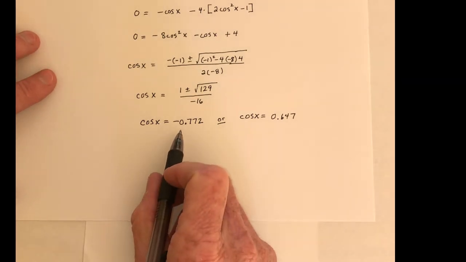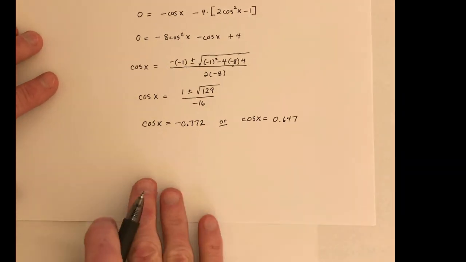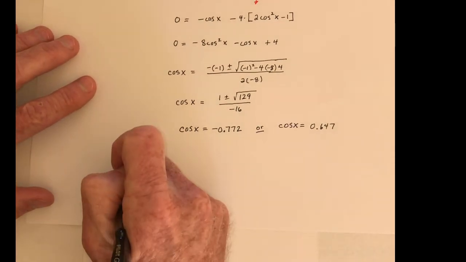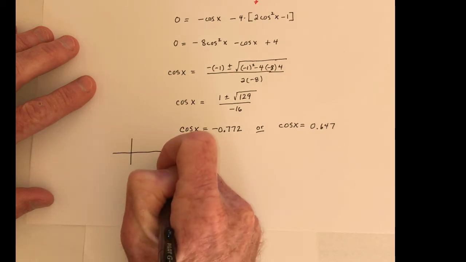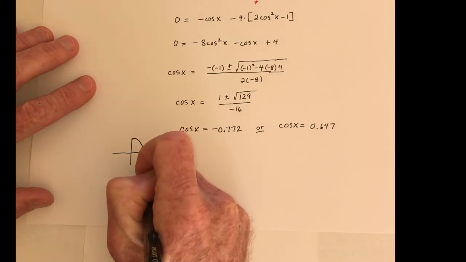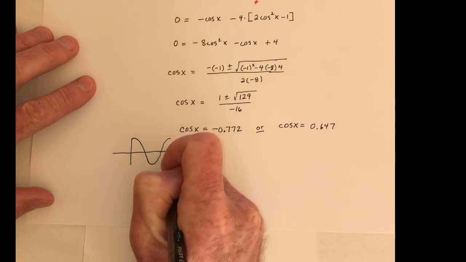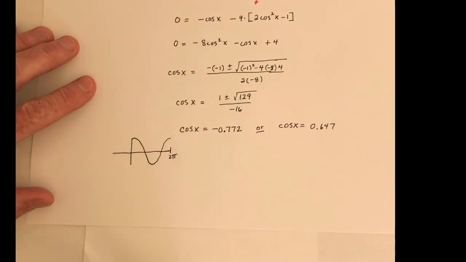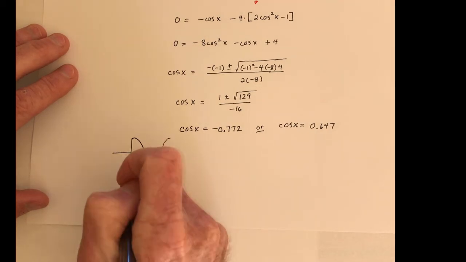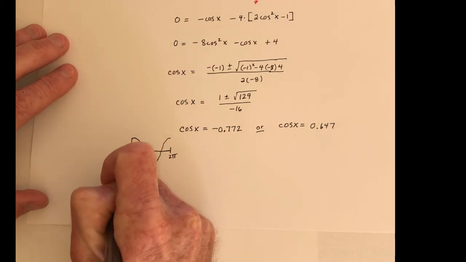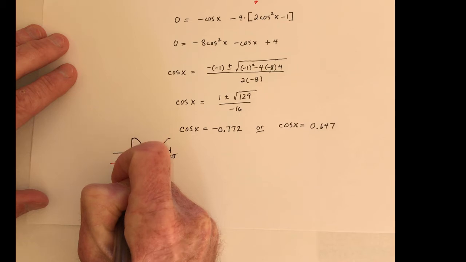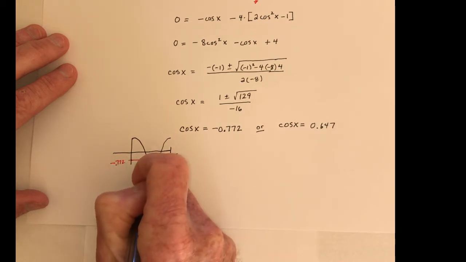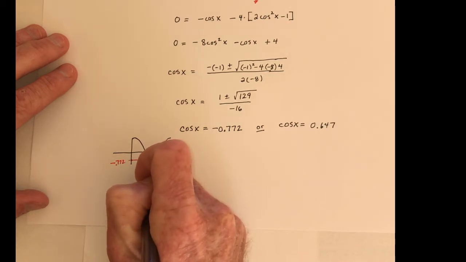So this one is saying, take a look at the cosine graph. So the cosine graph looks like this. And then make sure that you have a red pen and go to where the y value is negative 0.772, and then go straight across, and there's going to be two answers.